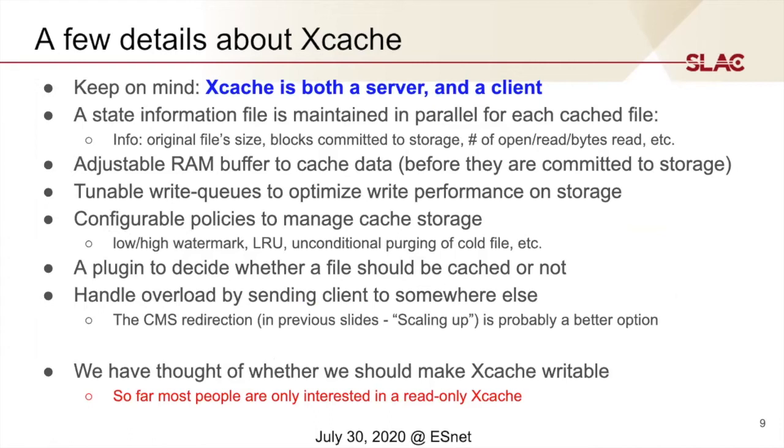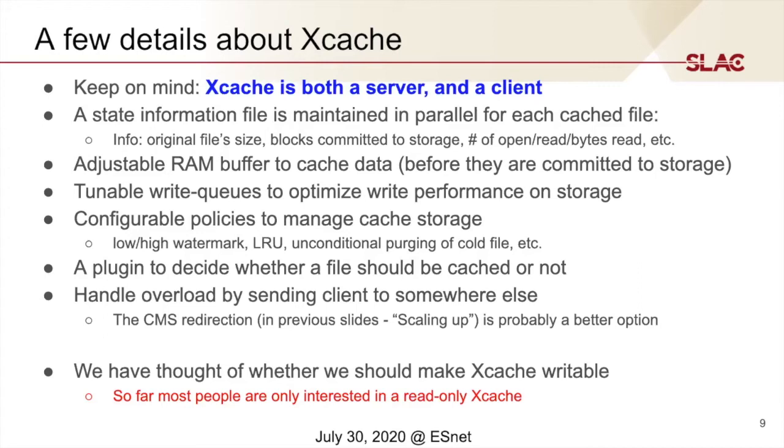For each file that is cached in the storage, there is a state information file maintained in parallel. This state info file has the information about the original file size, how many blocks, and which blocks, as a bitmap, are committed to the local storage, and how many opens and reads and writes, etc.